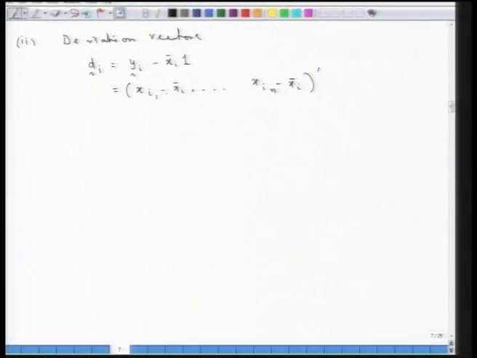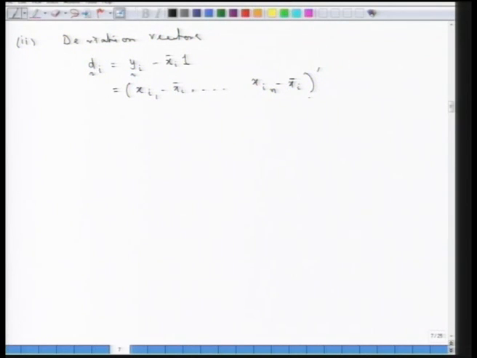This is the first observation in the ith variable minus the mean corresponding to all the n observations of that ith variable. So this is the deviation of the first observation from the mean corresponding to that variable, and likewise we have all these n entries.